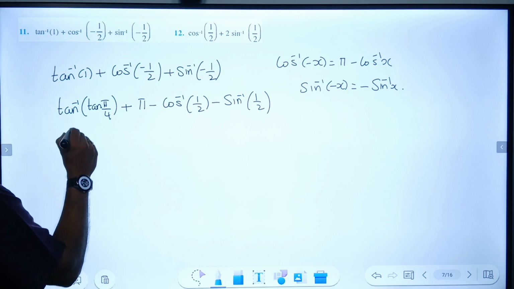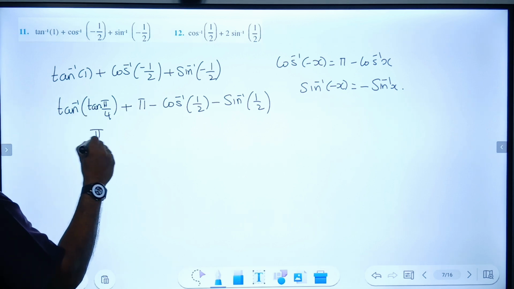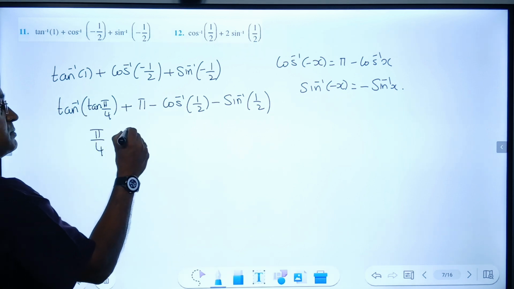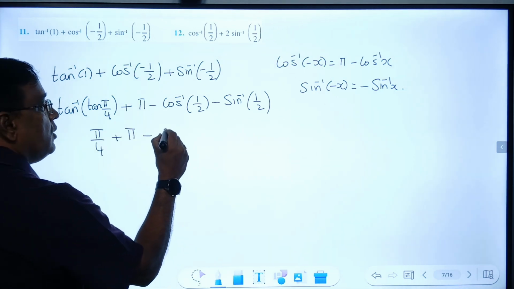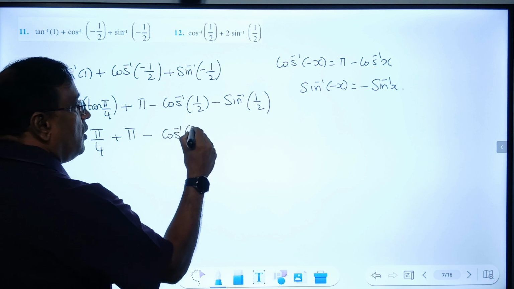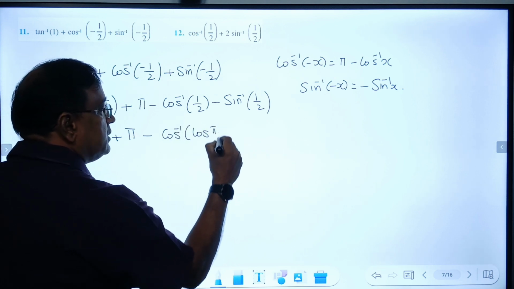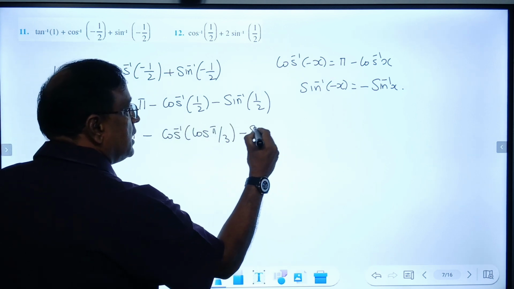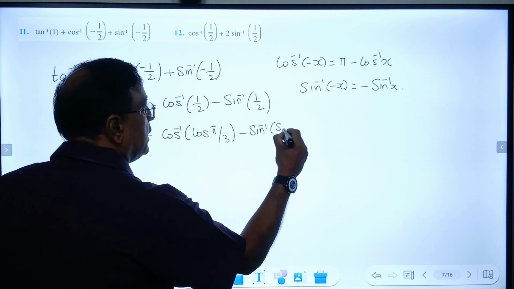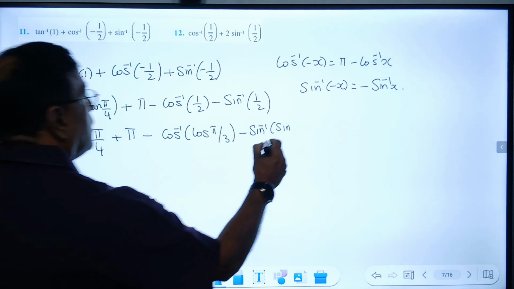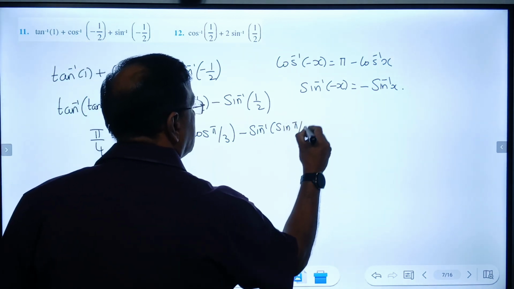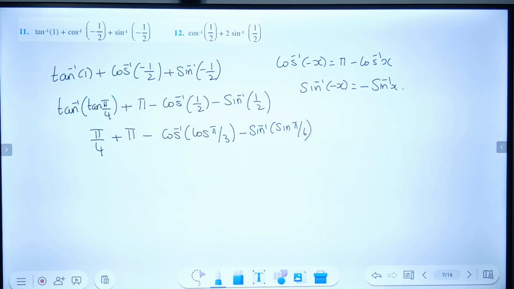What is this? Tan inverse of tan pi by 4 is pi by 4 plus pi minus, what do you get? Cos inverse of cos pi by 3 minus sine inverse of sine pi by 6. Correct? Sine pi by 6 is half.